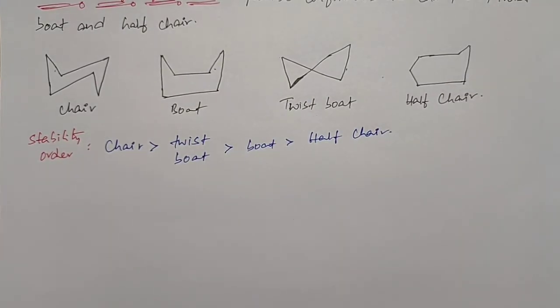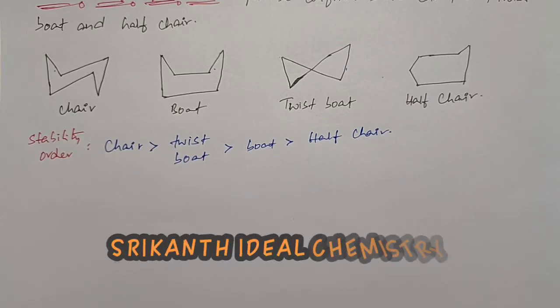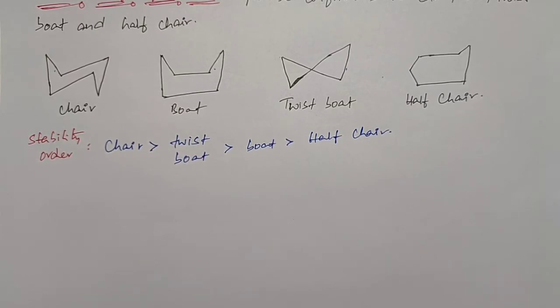At room temperature, one chair form flips to another chair form, or one boat form can flip to another boat form. Here, in the conformers of cyclohexane, we are mainly discussing chair and boat, not twist boat or half chair. So we can flip one chair form to another chair form at room temperature, and likewise the boat form.